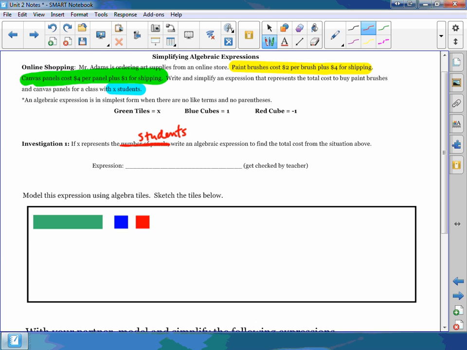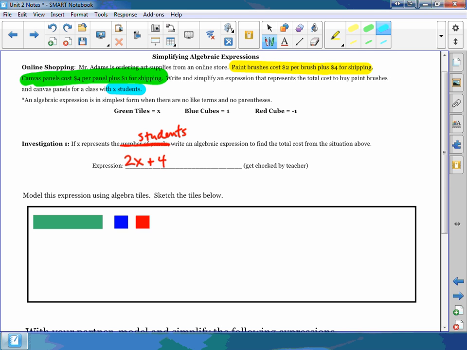But you do need a brush for every student. And if we have X students, then our expression would be 2 times X, the cost of a paintbrush times the number of students, plus the one-time shipping fee of $4. So that would take care of the paintbrushes.